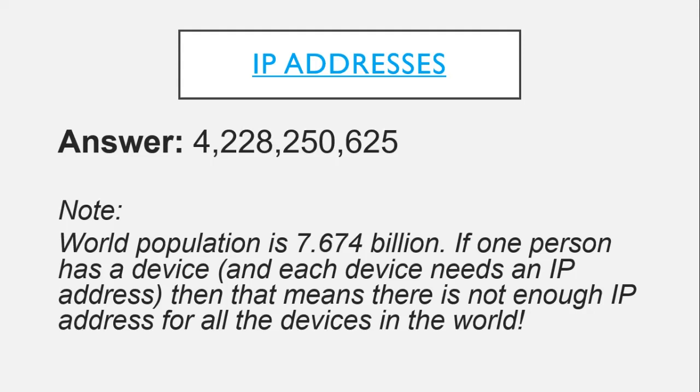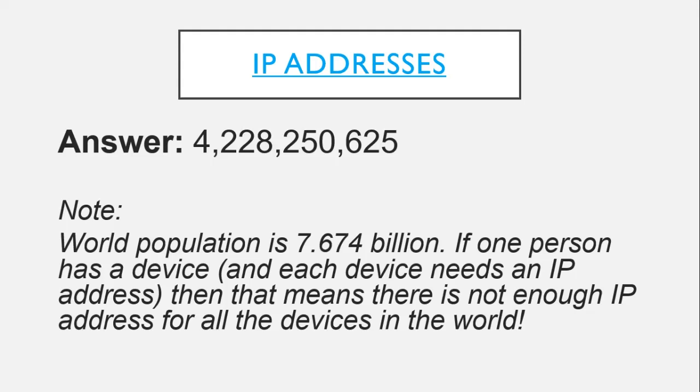Actually, they had an insight on the trend of the world population, which is currently 7.674 billion. Now, let us assume that each person has a device, specifically a smartphone, and each smartphone needs an IP address to connect to the internet, right?